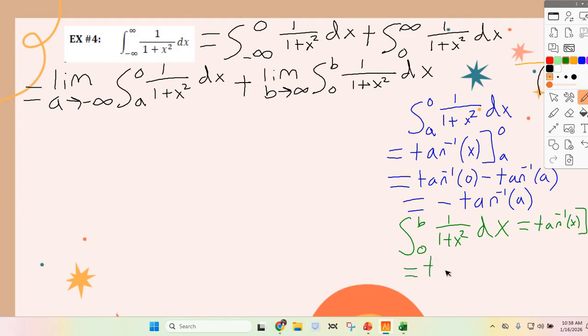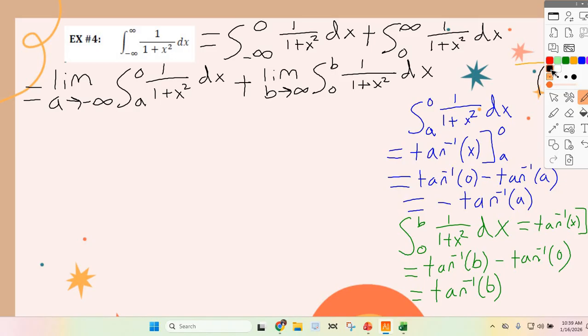B. Tangent inverse of b minus tangent inverse of 0, and tangent inverse of 0 is 0, so I just end up with a tangent inverse of b. We're okay with that? Hopefully so.